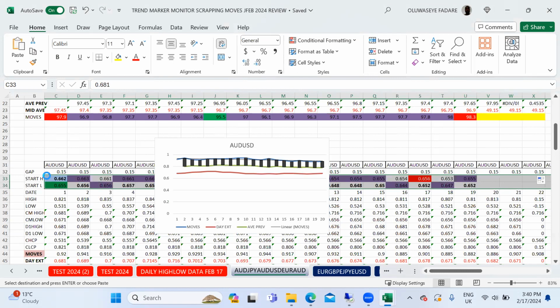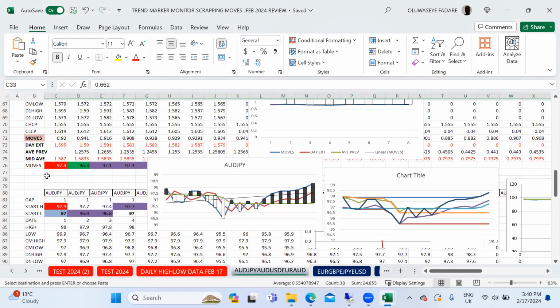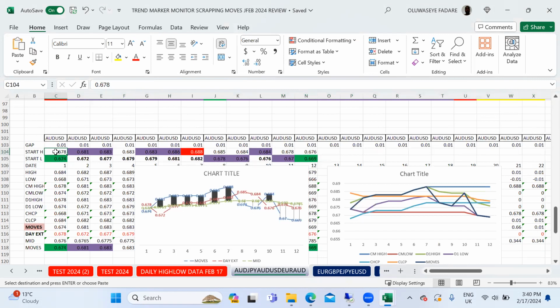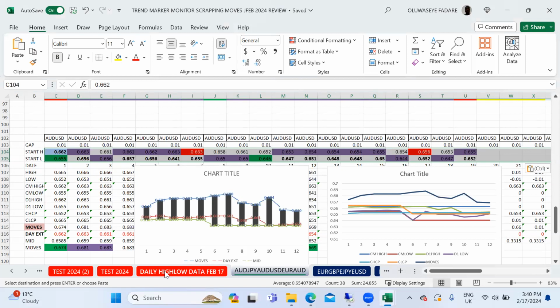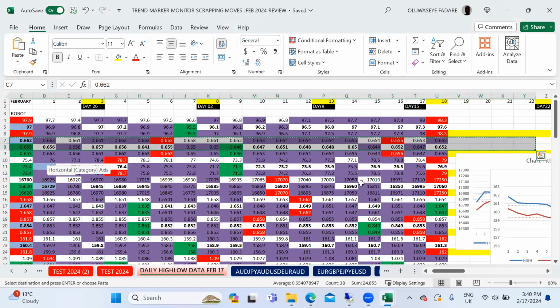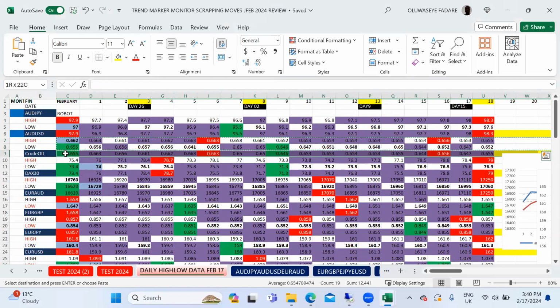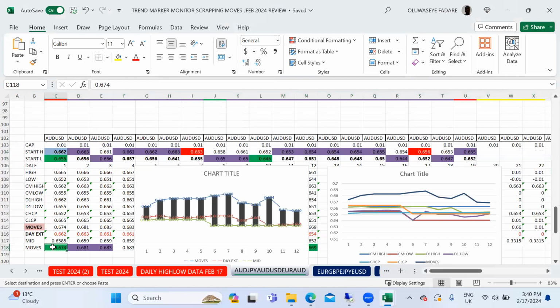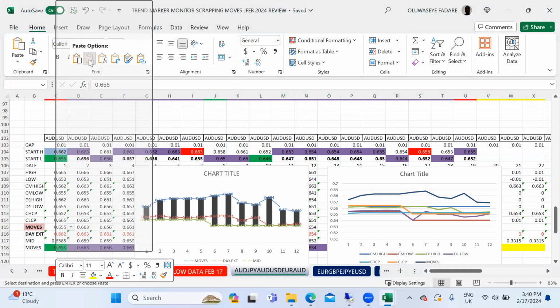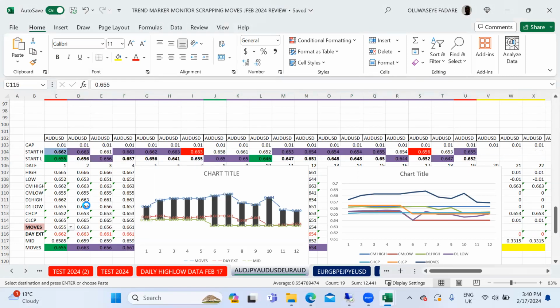Let me do the JPY so that I can use one stone to kill two birds. Good, perfect. The next thing, like I showed you earlier, I'm going to copy the trend, the move. As you can see here, the move has been produced using the one color per day. So we copy this and paste it here on the move position, as figures on the moves at the top there.